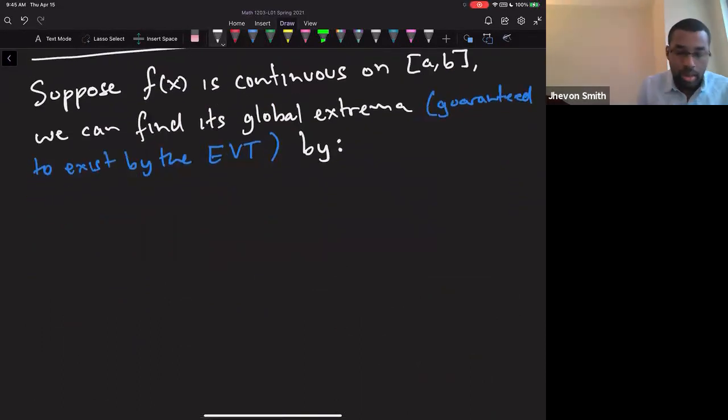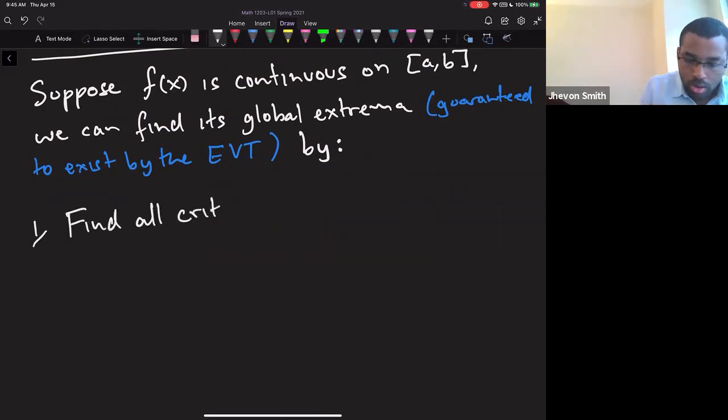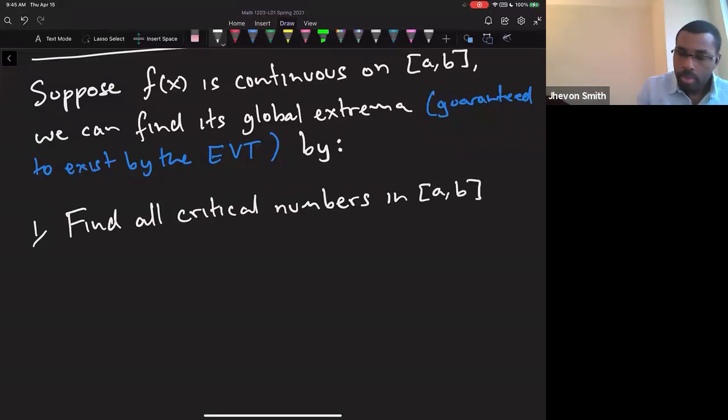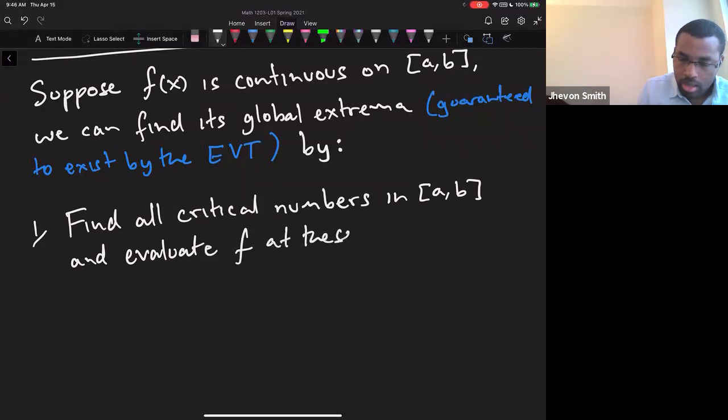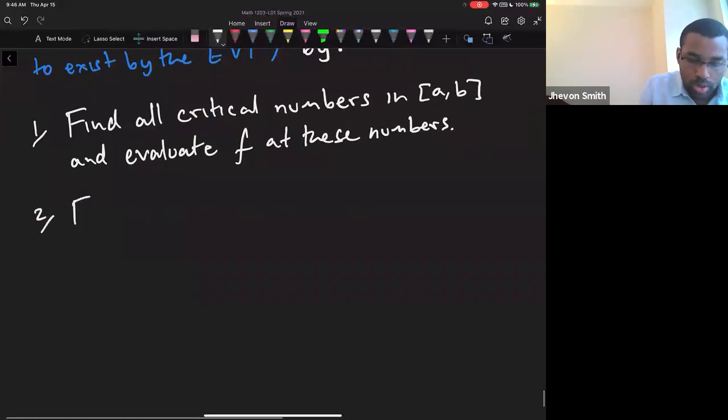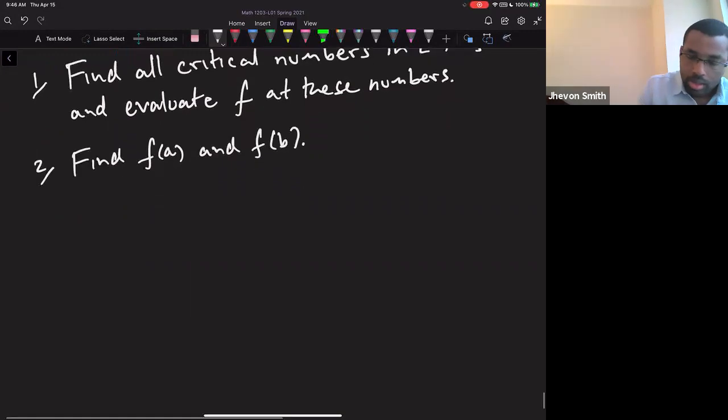Here are the steps for the closed interval method. 1, find all critical numbers in (a, b) and evaluate f at these numbers. 2, you're going to find f of a and f of b, right? So that's evaluate f at the endpoints.